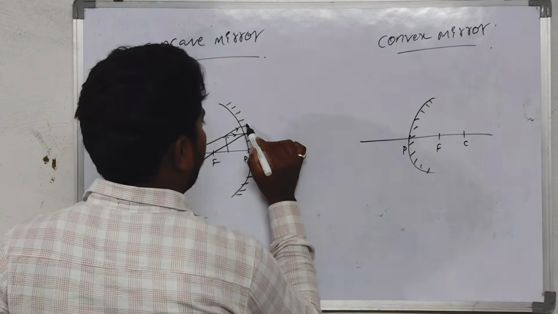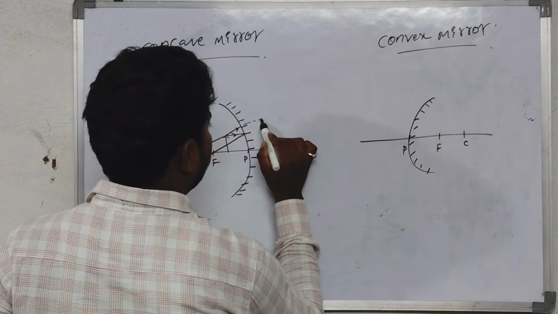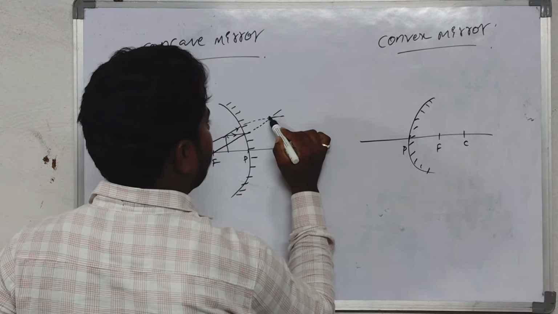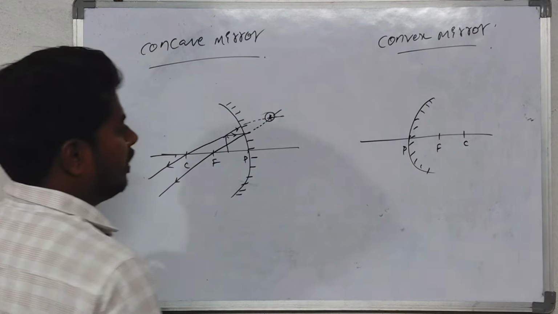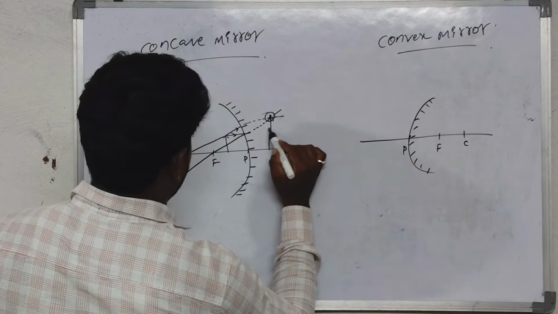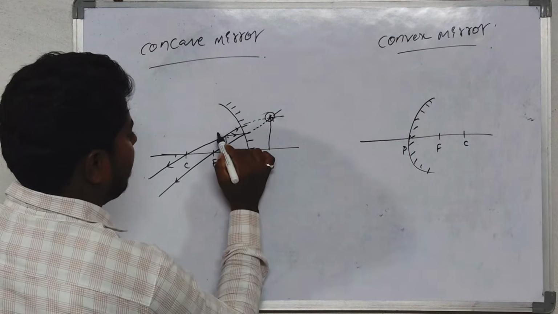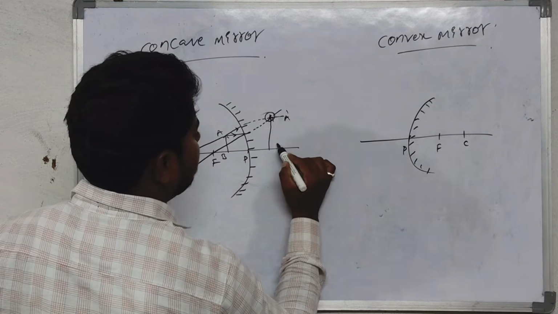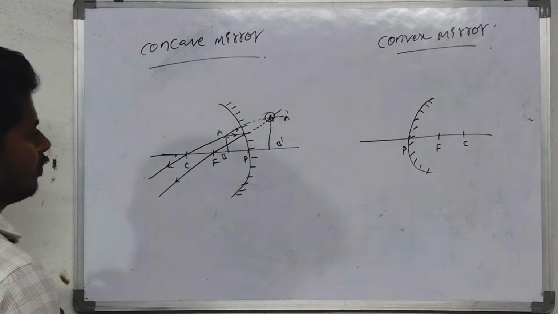If you extend dotted lines from here, these two dotted lines intersect at this point. This is your image. Your object is AB. Here your image is A dash and B dash.